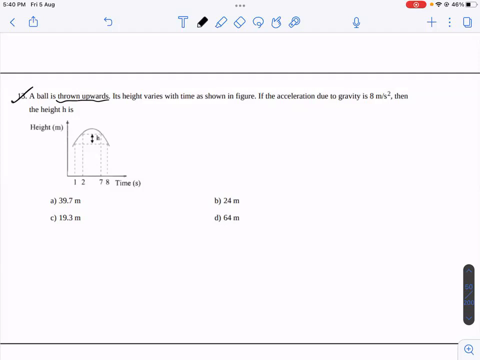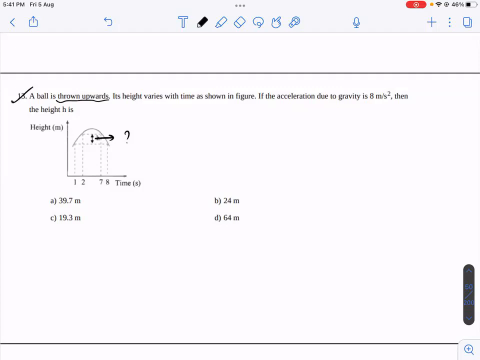So they are expecting us to find this h. What is the value of this h? How to do this? At least how to start?